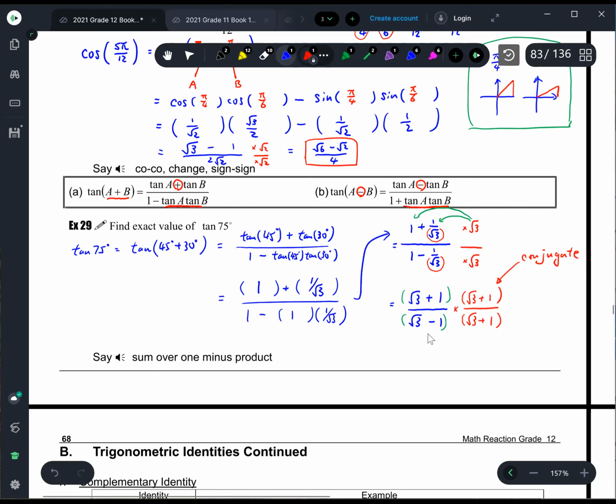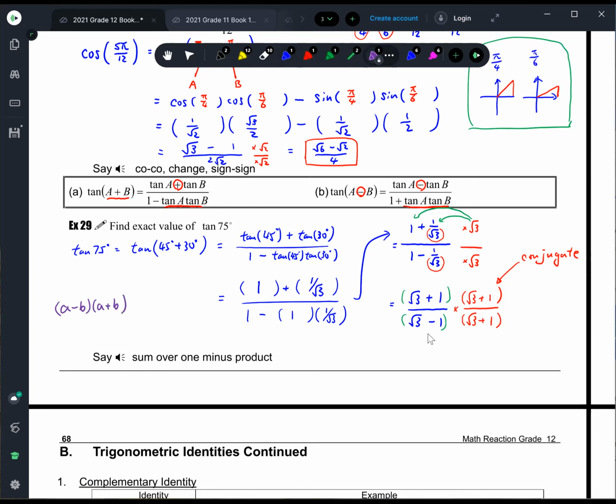Okay, when that happens, look at the left side. I'm going to write it on the left side. If I have a minus b times a plus b, one is minus, one is plus, just like what we have here. What's the formula for a minus b times a plus b?